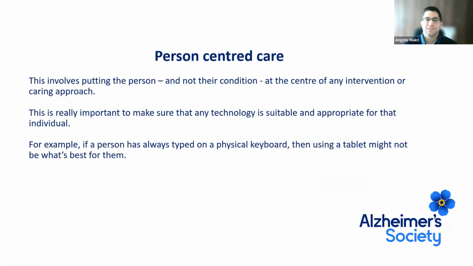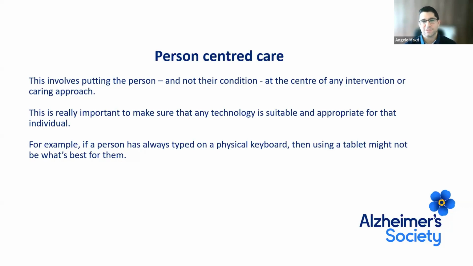So there are certain considerations with any technology. The first one is person-centered care. Essentially, this means putting the person and not their condition at the center of any intervention or caring approach. So it's not just about looking at the type and the stage of the person's dementia.